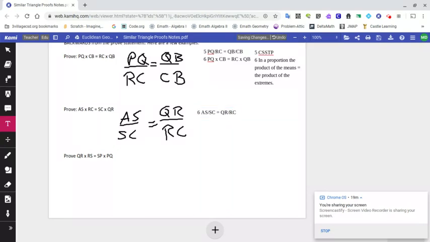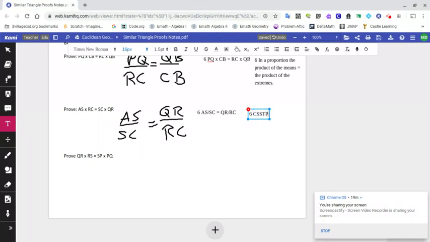Okay, and our reason in that case for step 6 is going to be CSSTP. All right, and the last statement would be this statement, which is AS times RC equals SC times QR, and that is the cross product.